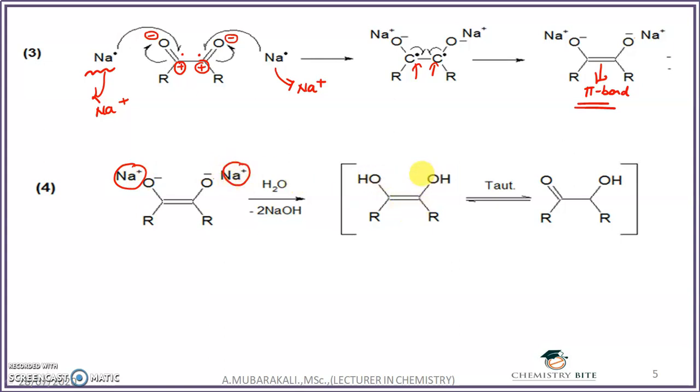Here you can see the diol, which undergoes keto-enol tautomerism. This hydrogen will get transferred to this carbon, and the pi bond will shift here. So you have got an alpha hydroxy ketone. The final product is the acyloin. Finally we have got the acyloin.